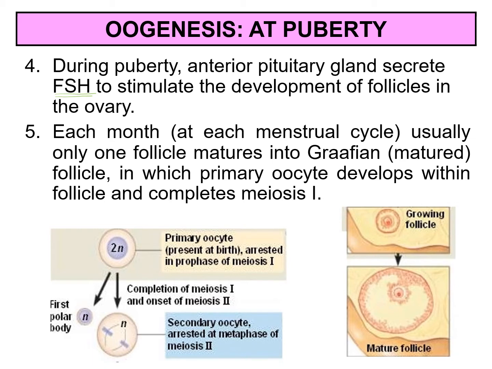Maksudnya proses meiosis tadi hanya satu sel sahaja yang akan continue the meiosis 1 tadi yang terberhenti sampailah secondary oocyte terhasil dan dilepaskan. At each month usually one ovary is involved to release one secondary oocyte.